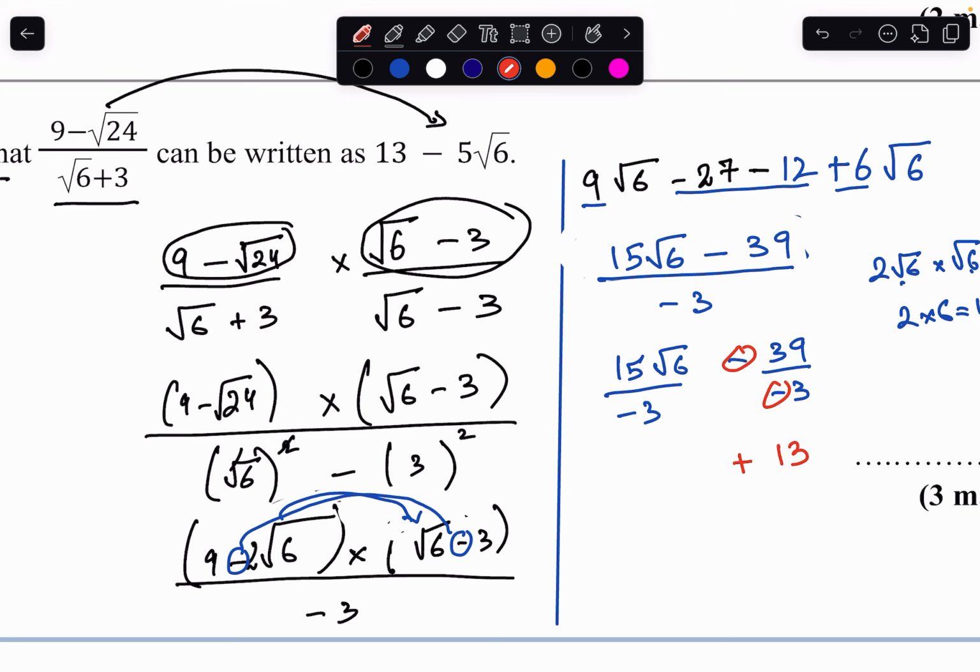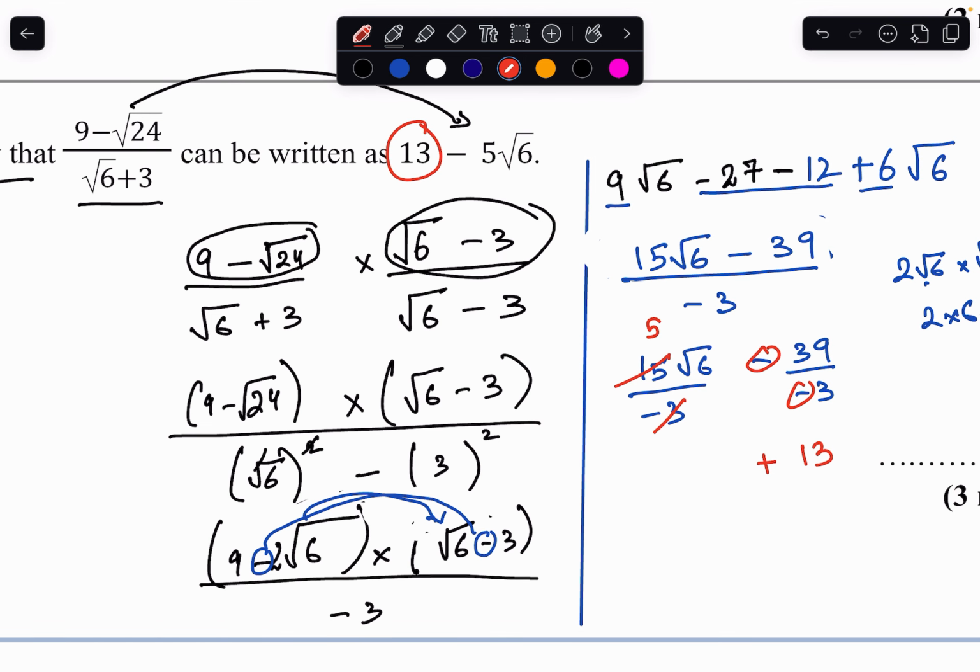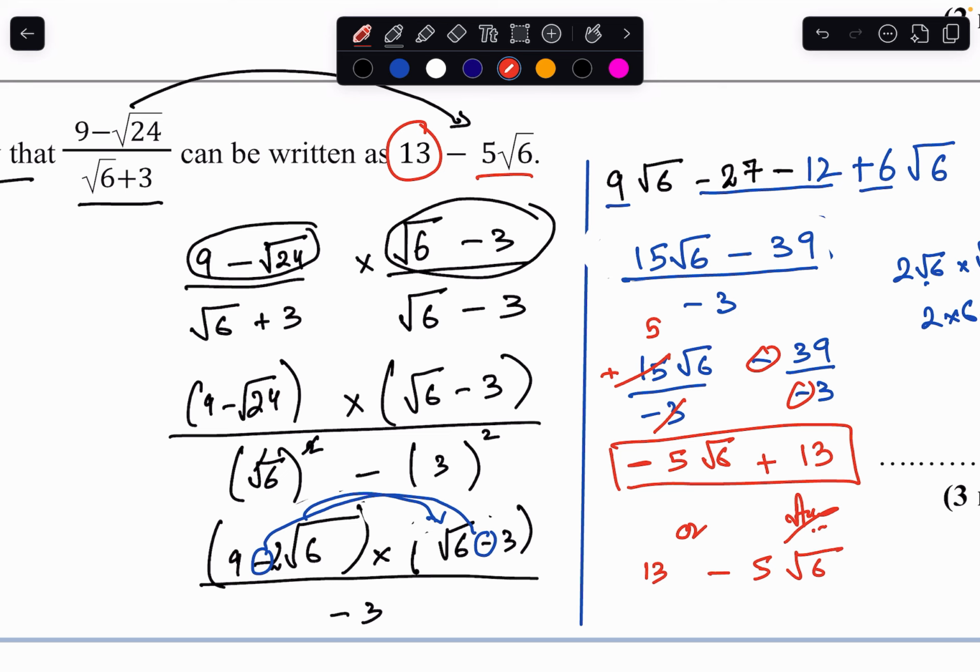That's what we want, plus 13. And 3 times 5 is 15. Plus and a minus sign makes minus. That's what you can see here, minus 5 root 6. That's your answer. You can rewrite it as 13 minus 5 root 6. Both ways are correct to do this question.